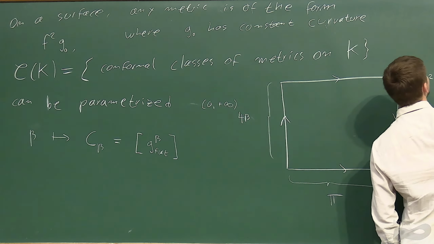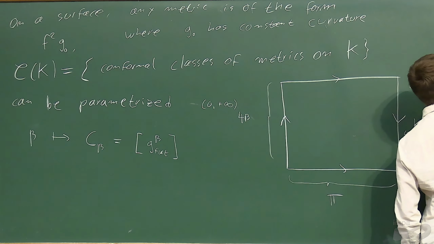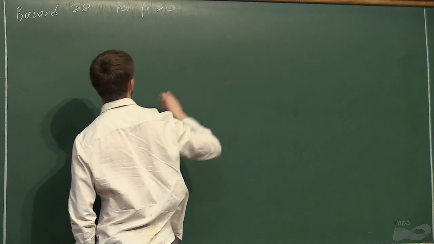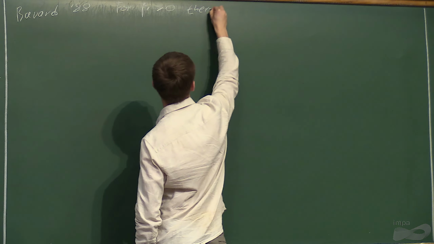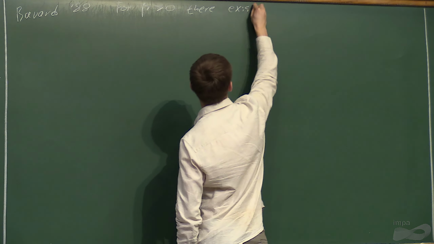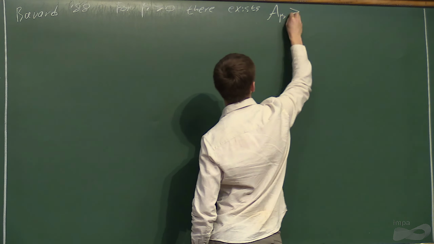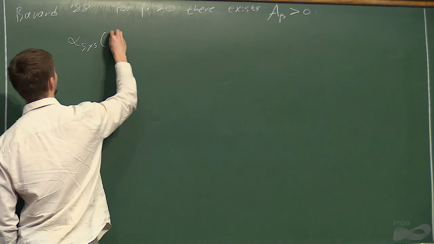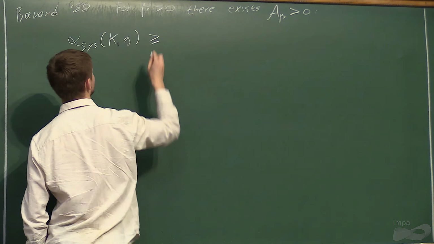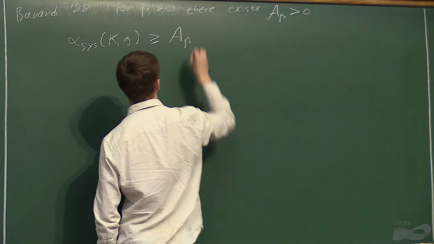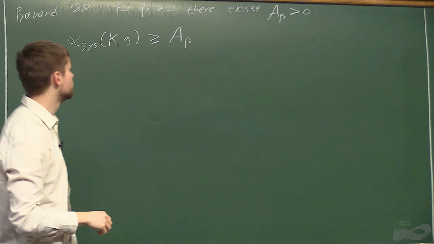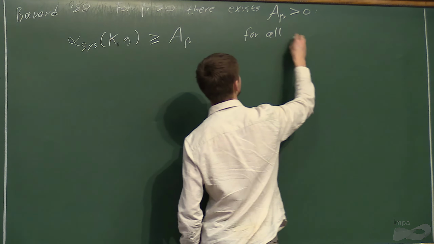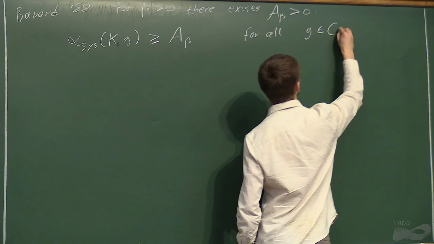So in the 80s also, he showed that for any positive beta, there exists a constant, some number A beta, such that the systolic area of (K, g) is always greater than or equal to A beta, and this systolic inequality holds for all metrics in this conformal class C beta. So for all g in C beta.